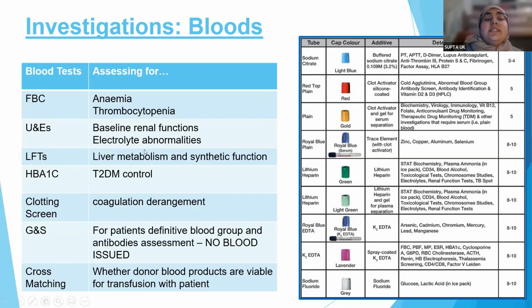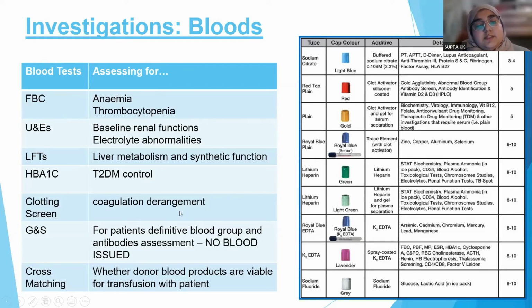Then you've got LFTs, for liver metabolism and synthetic function, particularly useful if a patient has a comorbidity related to the hepatobiliary system. Then you have HbA1c, really important for type 2 diabetics, as it gives a long-term assessment of their glycemic control. You have clotting screens, a coagulation assessment, particularly for patients who are taking anticoagulants and antiplatelets. And then you have the group and save.